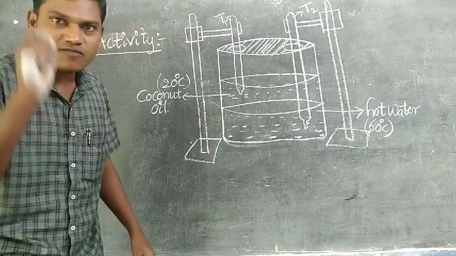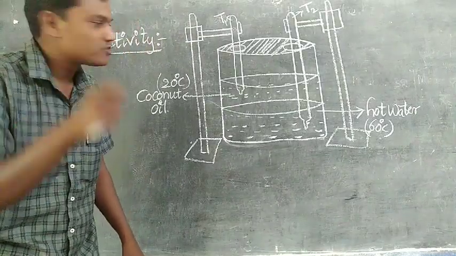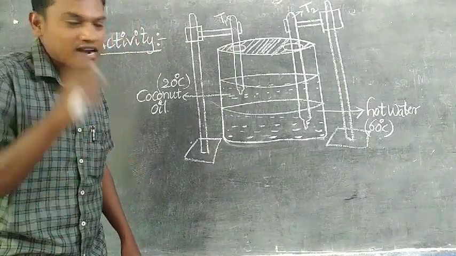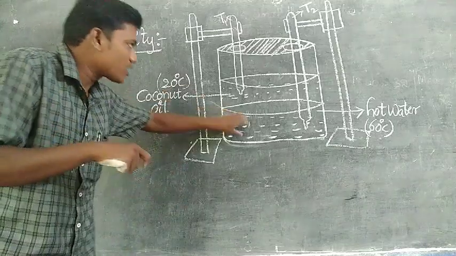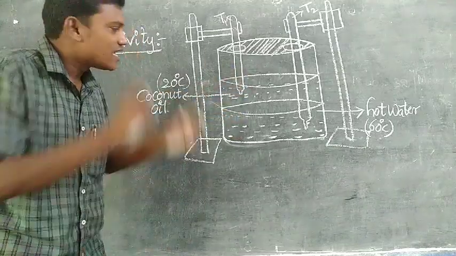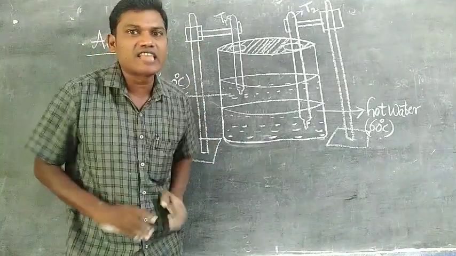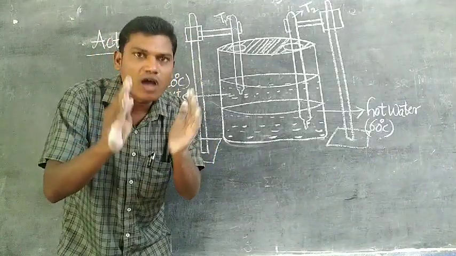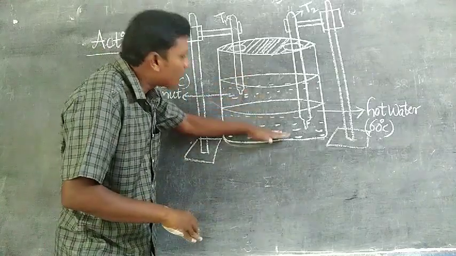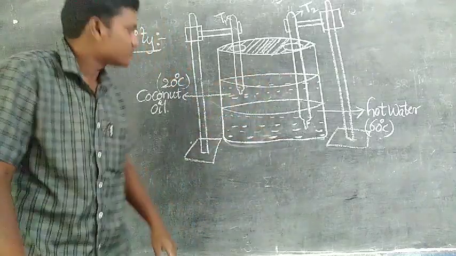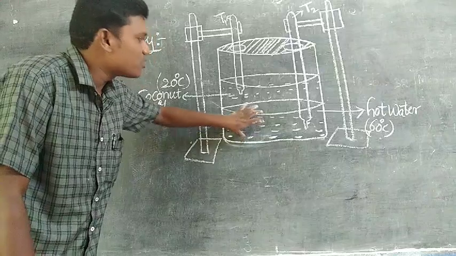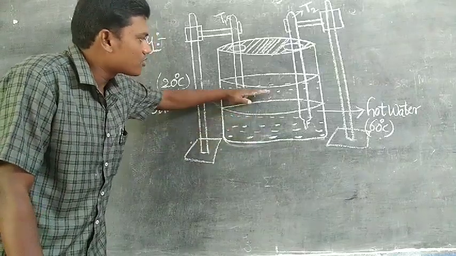The red color food grains dissolve, mixing with the water molecules and the oil molecules. That's why the motion of the red color food grains represents the motion of the molecules present in the water as well as the oil. So the heat energy will be transferred from hot water to oil.